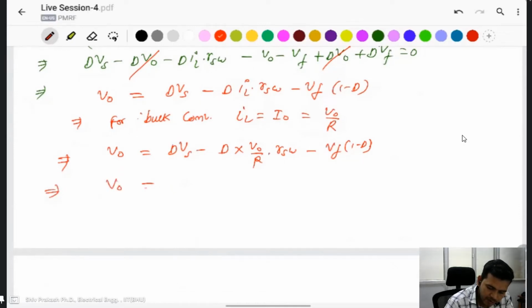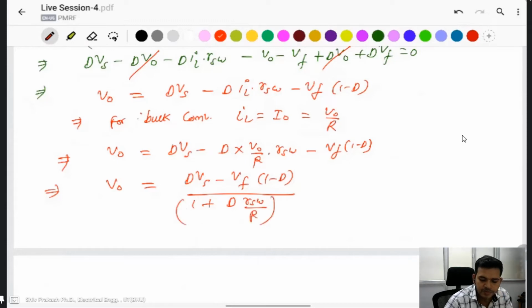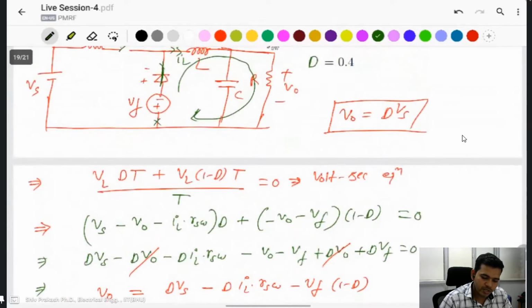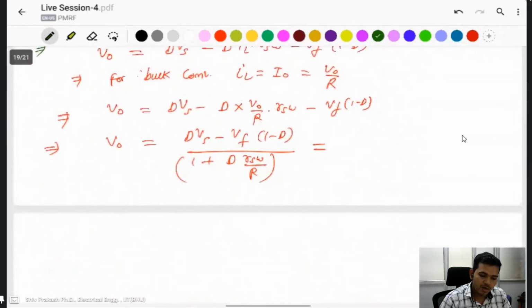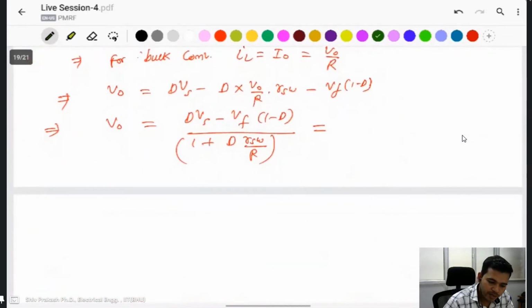Take V naught common and find V naught equal to dVs minus VF (1 minus d) divided by 1 plus d RSW divided by R. With all quantities given, Vs, duty ratio, RSW the switching resistance, and the output resistance, I think this one is 1 ohm. Put all the values here, then you find the output voltage.